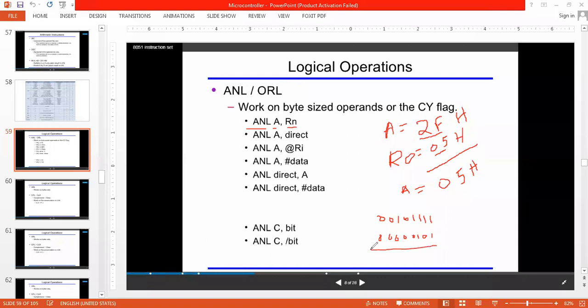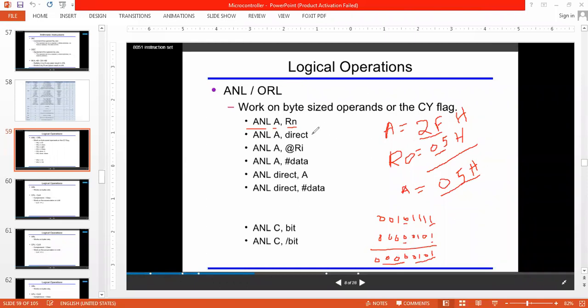Now AND logic between these two. 1 and 1 is 1, 1 and 0 is 0, 1 and 1 is 1, 1 and 0 is 0, and 0 and 0 is 0, 1 and 0 is 0, 0. So what I am remaining with? 05. So A will be stored with the new value, that is 05H. Understood?